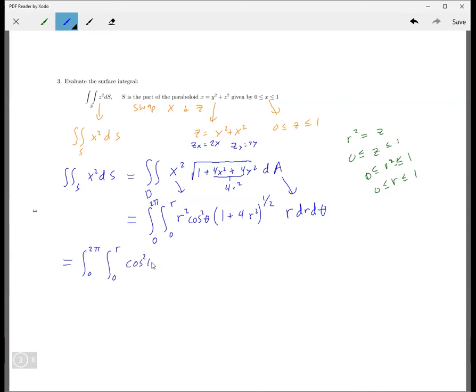So you have cosine squared theta, and you have r cubed times 1 plus 4r squared to the 1/2 dr d theta.